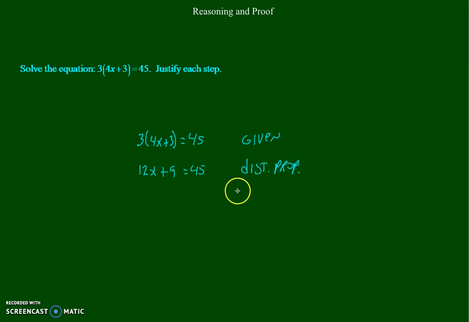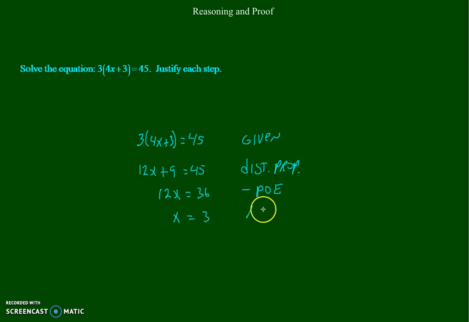I like to abbreviate. So let's now go ahead and we'll subtract our 9. So we would say 12x equals 36. And since we subtracted 9 from both sides, that's the subtraction property of equality. And then we're going to divide by 12. So x equals 3.